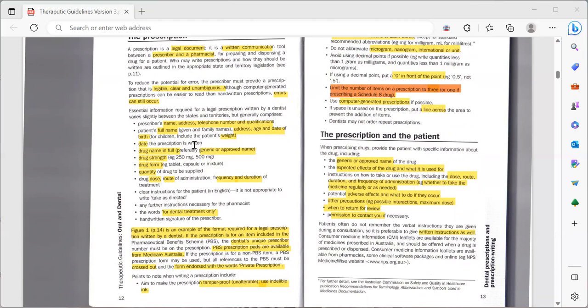Then the date the prescription is written, and the drug name in full, preferably the generic or approved name. For example, amoxicillin or benzyl penicillin. These are the generic names.